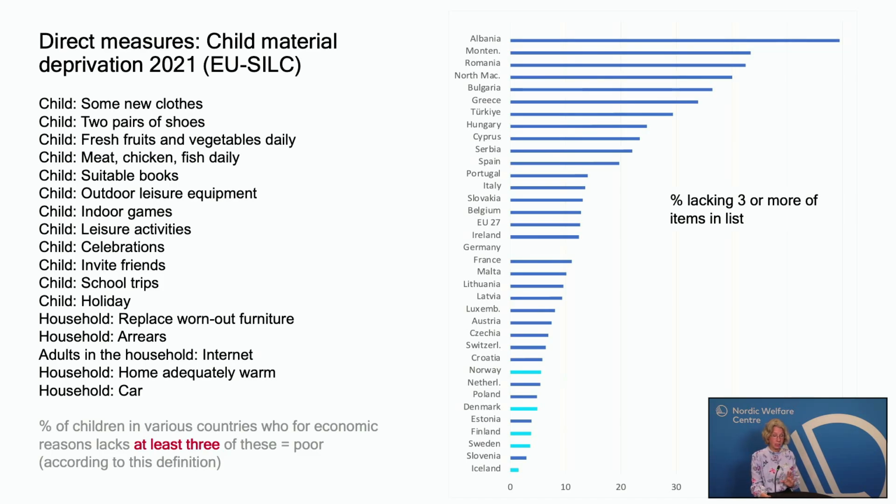The Nordic countries have around 5% of kids lacking at least 3 of these items. That might sound little, but 5% is still more than 1 child in each classroom, for example. So it's not negligible. It's still a decent number of children that we should be concerned with. Even though it's better than Albania and Romania, for example, it's not 0.